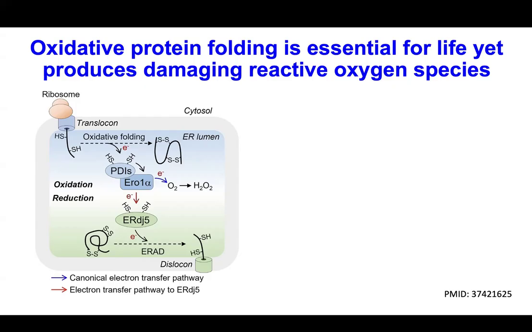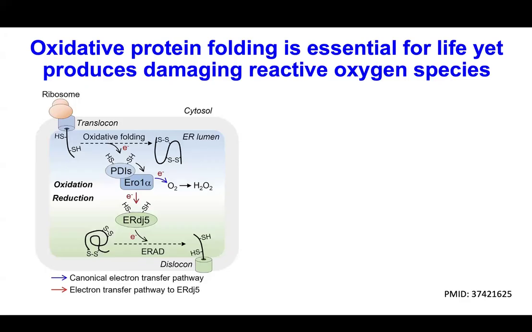This is essentially a process in which most of the secreted and transmembrane proteins are imported into the ER lumen and have to undergo a normal folding process, and that requires disulfide bonding inside of the protein. And this process actually involves electron transfer.